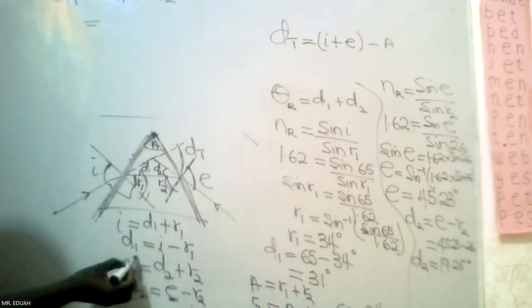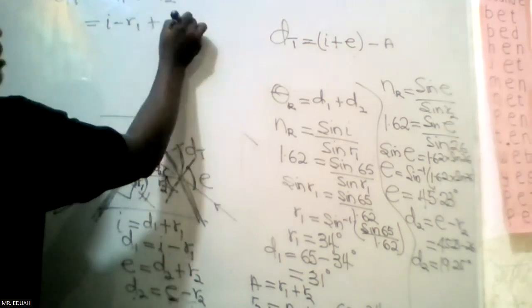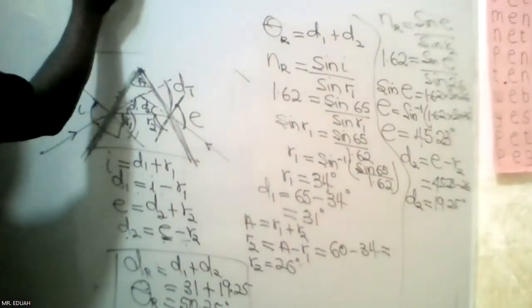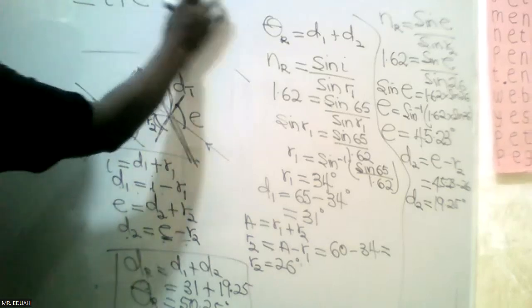D1 is I minus R1, and D2 is E minus R2. So when we put them together, we have I plus E minus R1 plus R2, and R1 plus R2 is equal to A. So this is the formula for total deviation within a triangular prism.